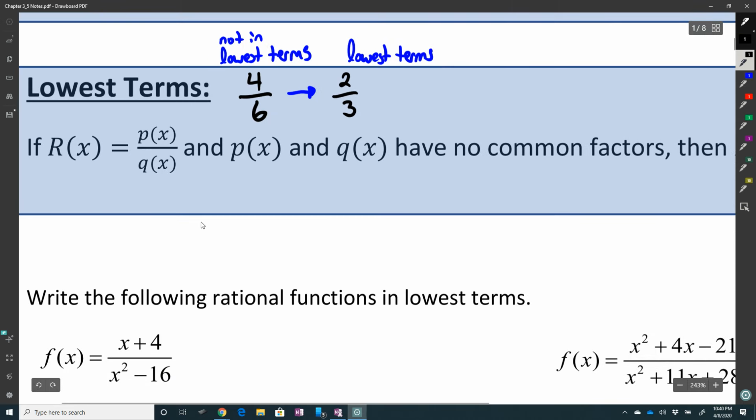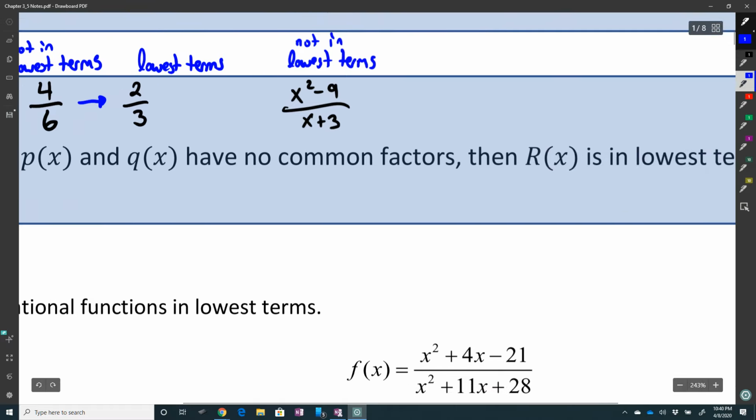If I give you an equation, and again, I'm just making one up, x squared minus 9 over x plus 3, we would say that this is not in lowest terms because we can simplify it.